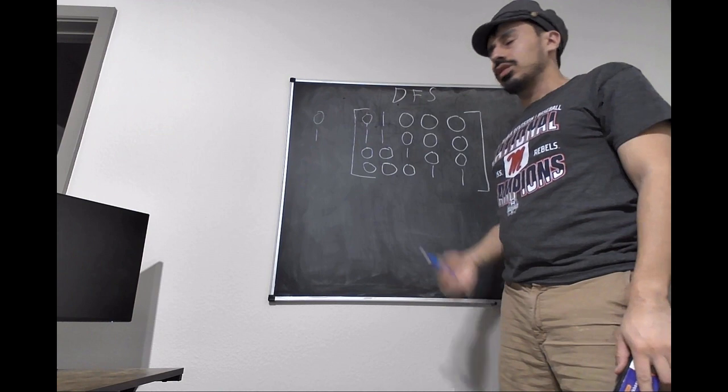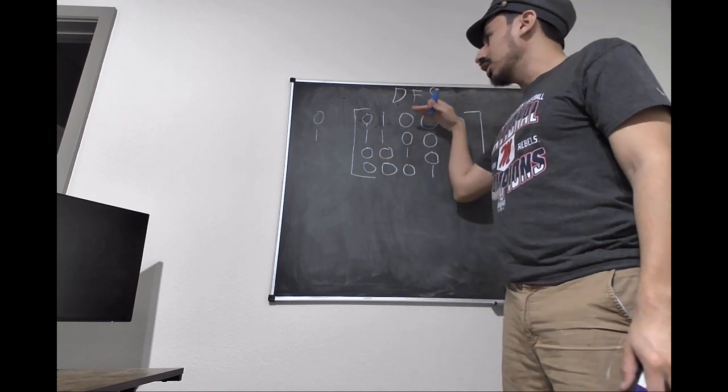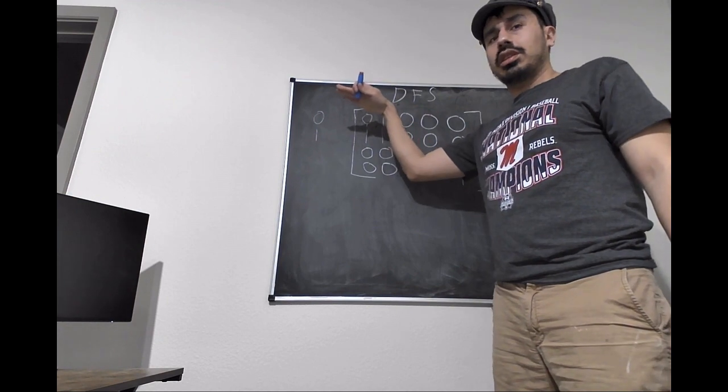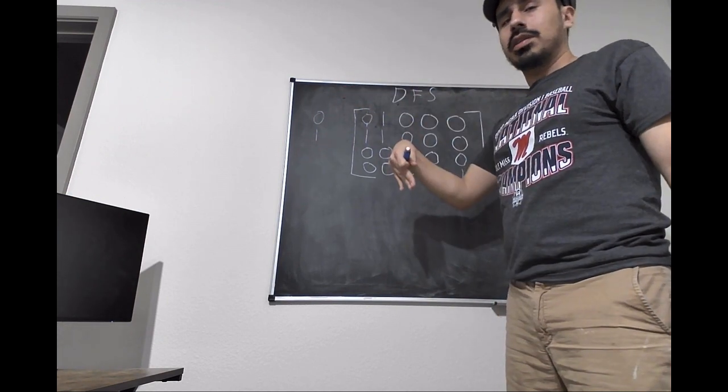And then what are we going to do? To do the depth first search in this situation, we're going to go all the way left, all the way right, all the way up, and all the way down.